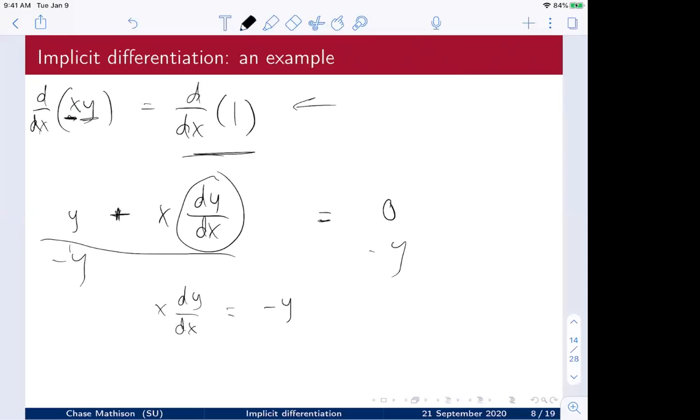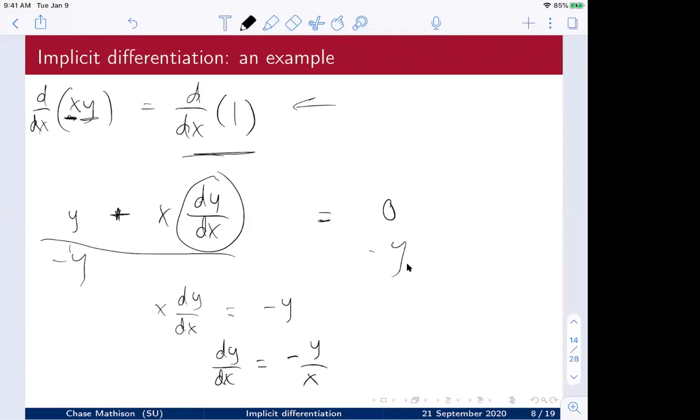And then I'll divide both sides by x. So dy/dx is equal to negative y over x. Negative y over x. Okay.